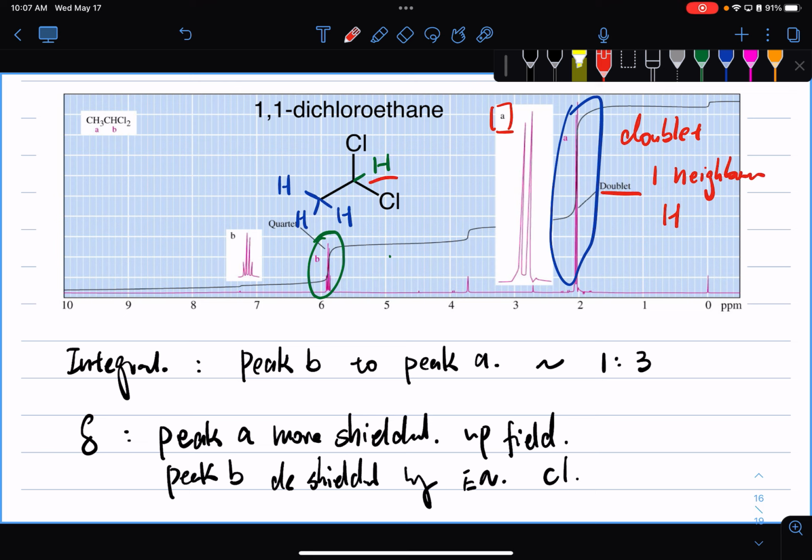Alternatively, if we're looking at peak B here, this one is a quartet. And a quartet means you have 4 different signals, right? And using the N+1 rule, we know we have 3 neighboring hydrogens. And that's 3 neighboring hydrogens coming from my methyl group, having 3 hydrogens.